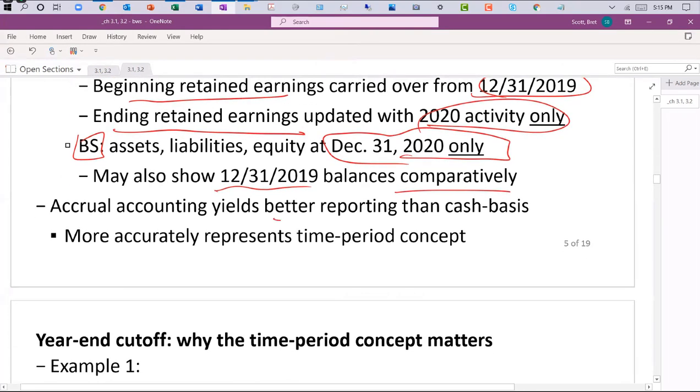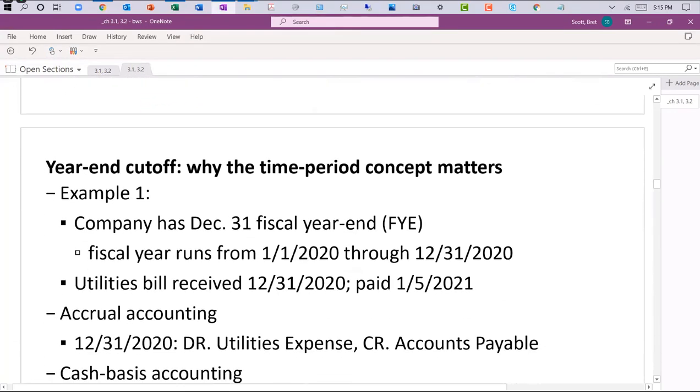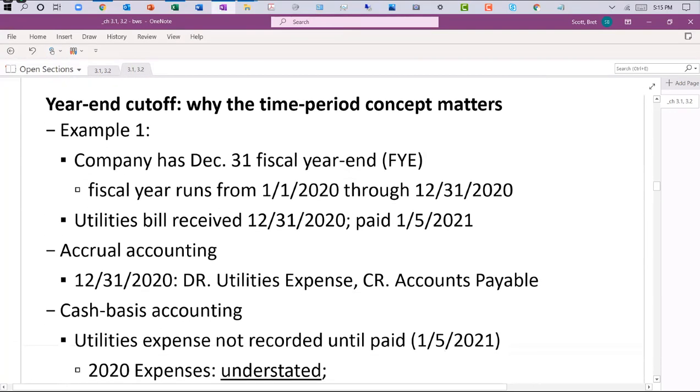Accrual accounting is much better at reporting than cash basis accounting because it's far more accurate. It includes things that cash basis accounting would potentially ignore or miss. To give an example of the differences between the two, consider the following economic transactions. Assume in these 4 examples, the company has a December 31st fiscal year end.